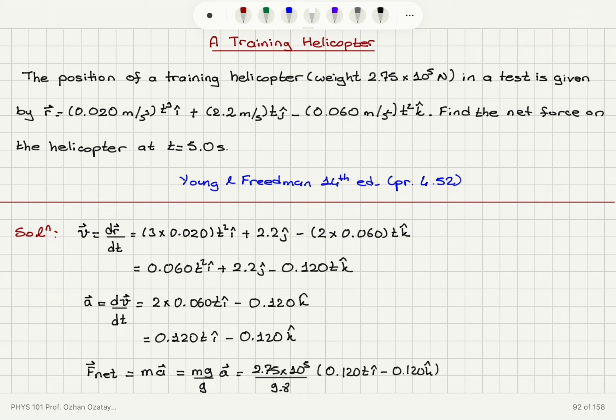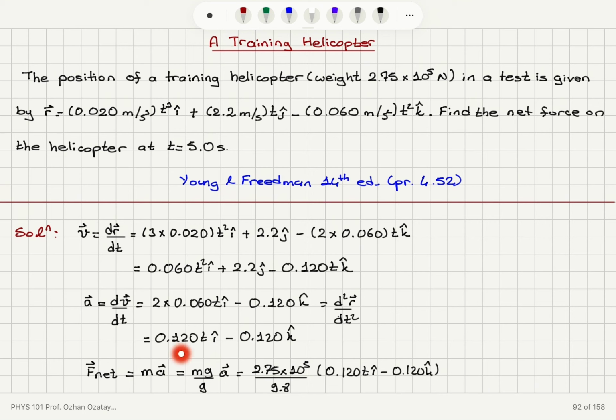Okay, so let's summarize what we did here. We know the weight of the training helicopter and we know the position vector as a function of time. We're supposed to calculate the net force at a certain time. So taking the derivative of the position vector twice, acceleration is the second derivative of the position vector with respect to time, or the derivative of velocity with respect to time.